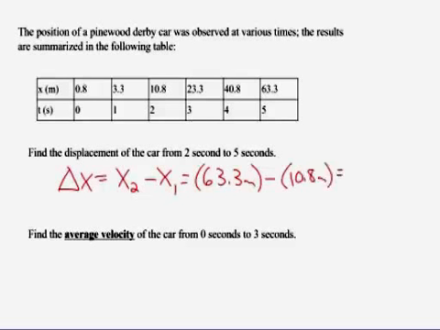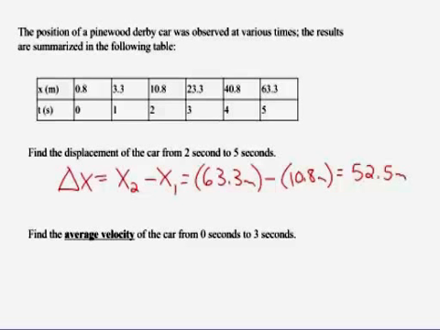And so that gives a displacement of 52.5 meters. Again, displacement is just change in position, so we just look at the position at the times that we're given. Displacement will always be between 2 points, and often you're told what time you're at those points.